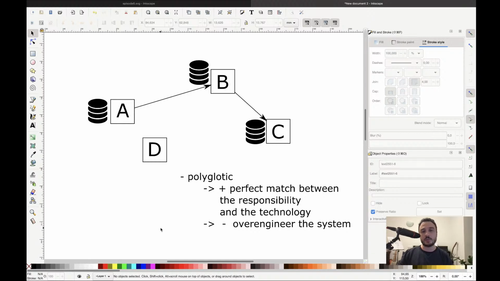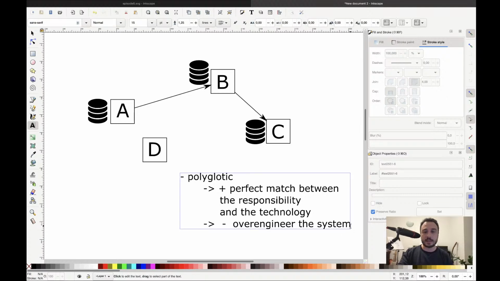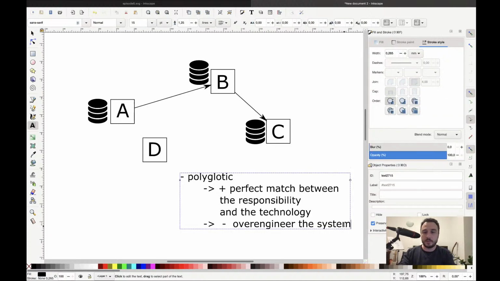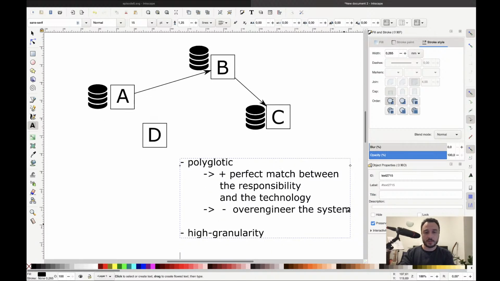So in this case, we can say that first of all it is the most granular way. So high granularity is another characteristic I would like to mention here. And again, like the polyglot characteristic, the high granularity has also advantages and disadvantages. Of course, the advantage is pretty clear.